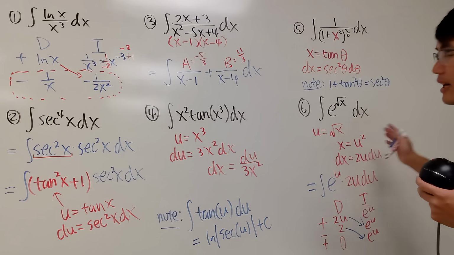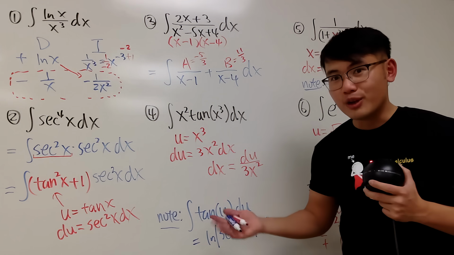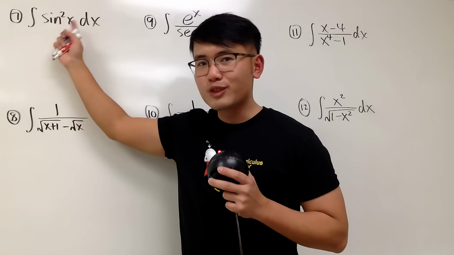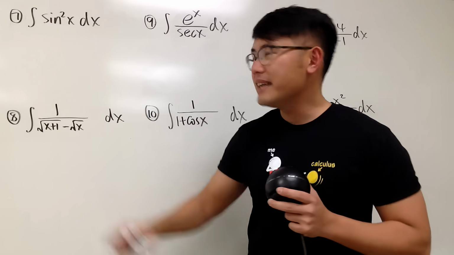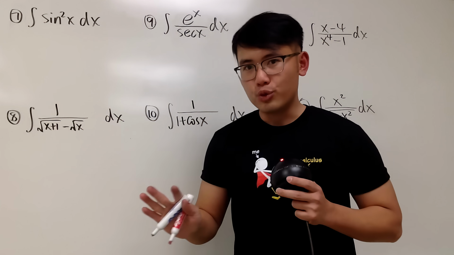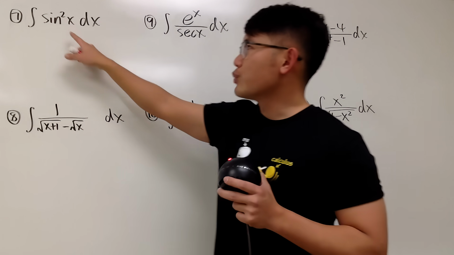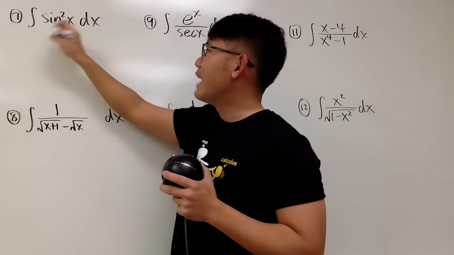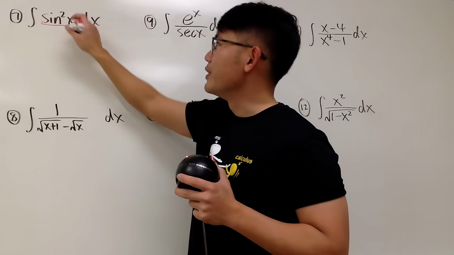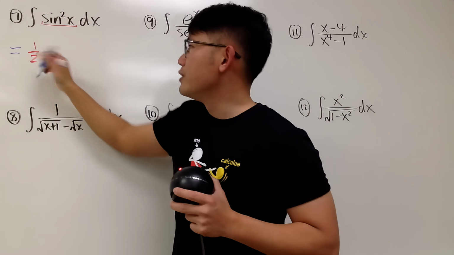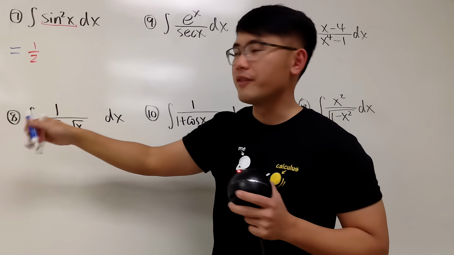And now, let's take a look at the other questions right here. Okay, number 7, integrating sine square x. Well, in this case, as you can see, we don't have cosine x to help us out. So don't do u sub yet. In this case, we have to actually use the identity to reduce the power. When we have sine square x, we know this right here is equal to 1/2, which is the constant multiple, and we can take that to the front of the integration.